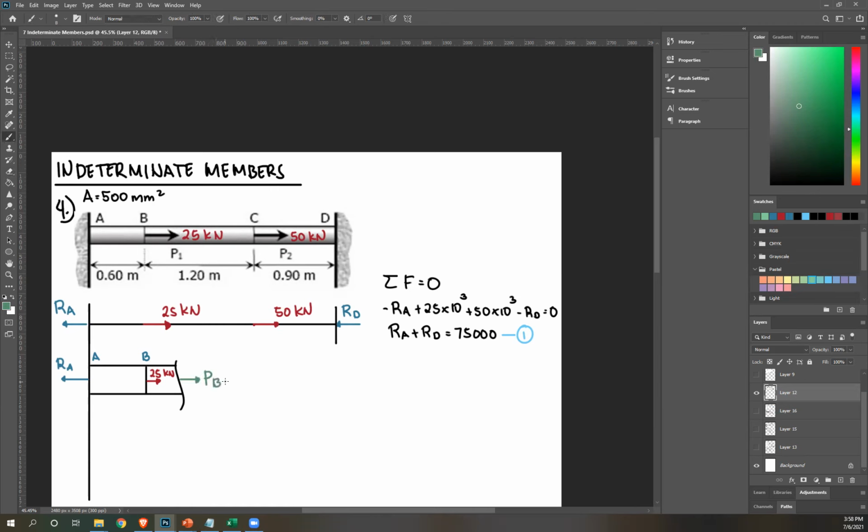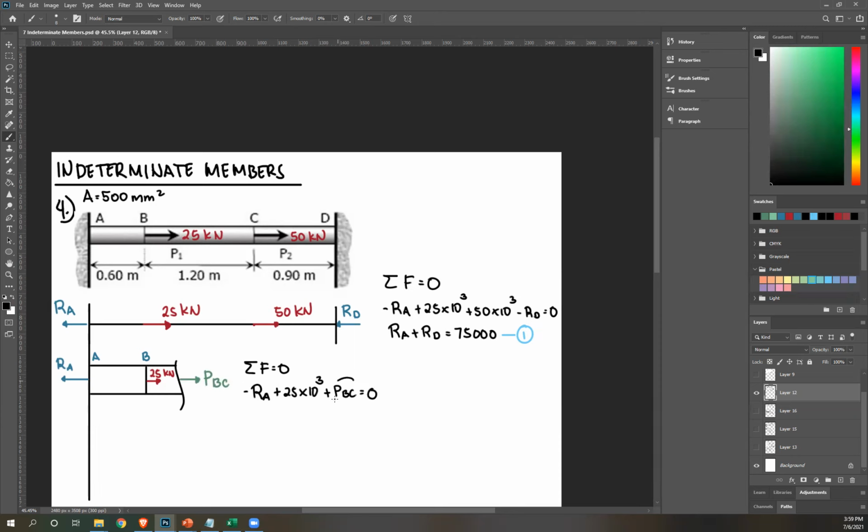So PBC. Okay. Then from this, you can create another equation. Summation of forces equals 0. Negative RA plus 25,000 plus PBC equals 0.